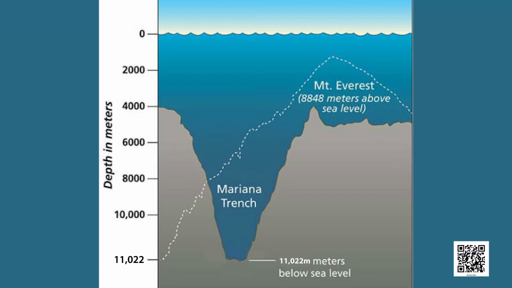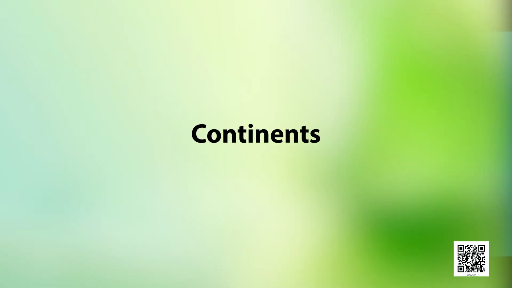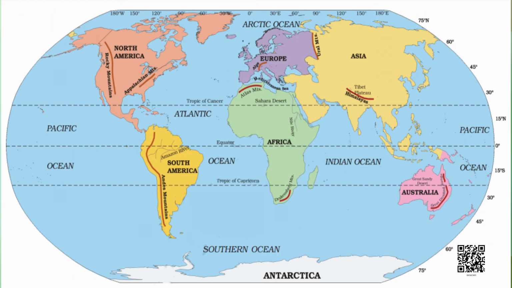Now let's move further and talk about various continents. There are 7 major continents. These are separated by large water bodies. These continents are Asia, Europe, Africa, North America, South America, Australia and Antarctica. Look at the map of the world and notice that the greater part of the land mass lies in the northern hemisphere.